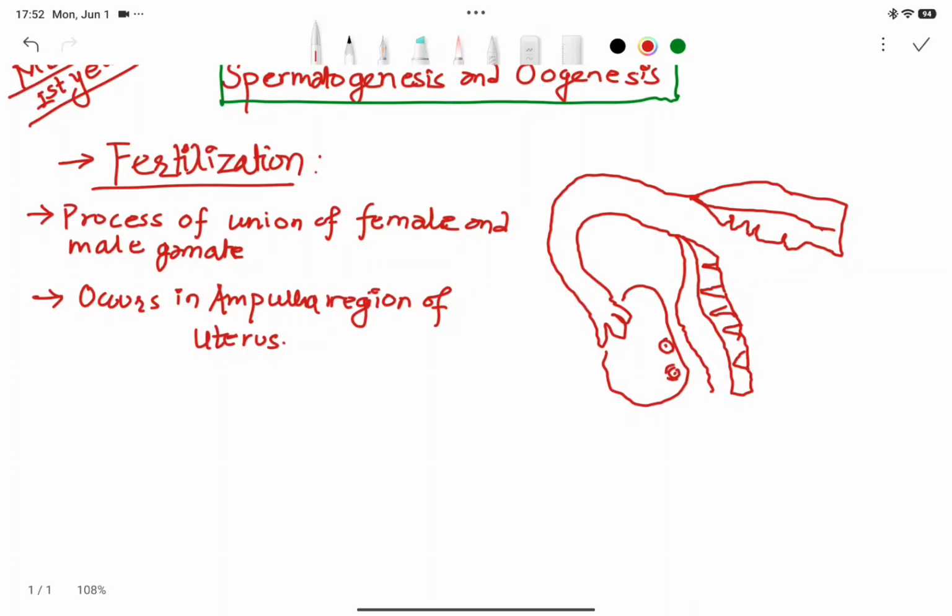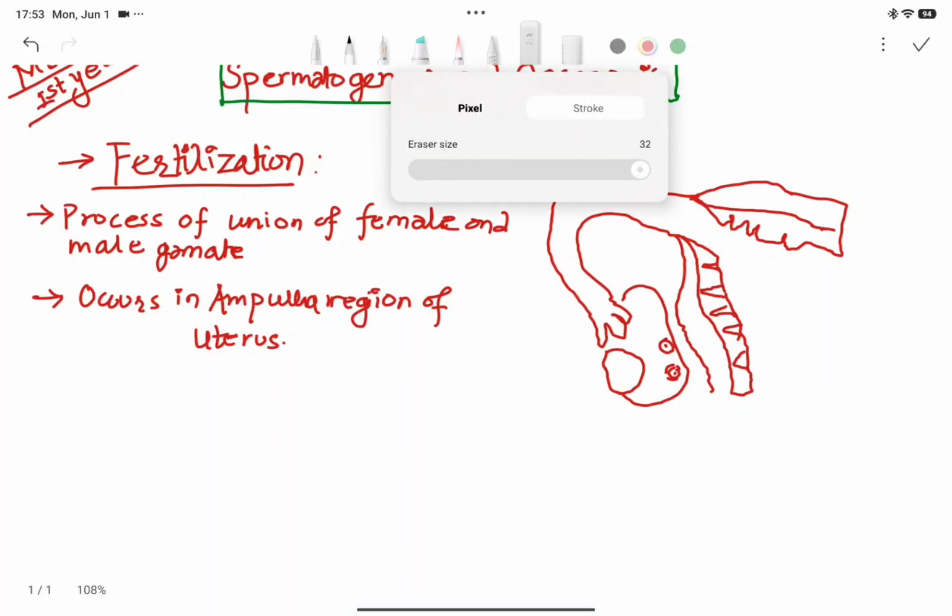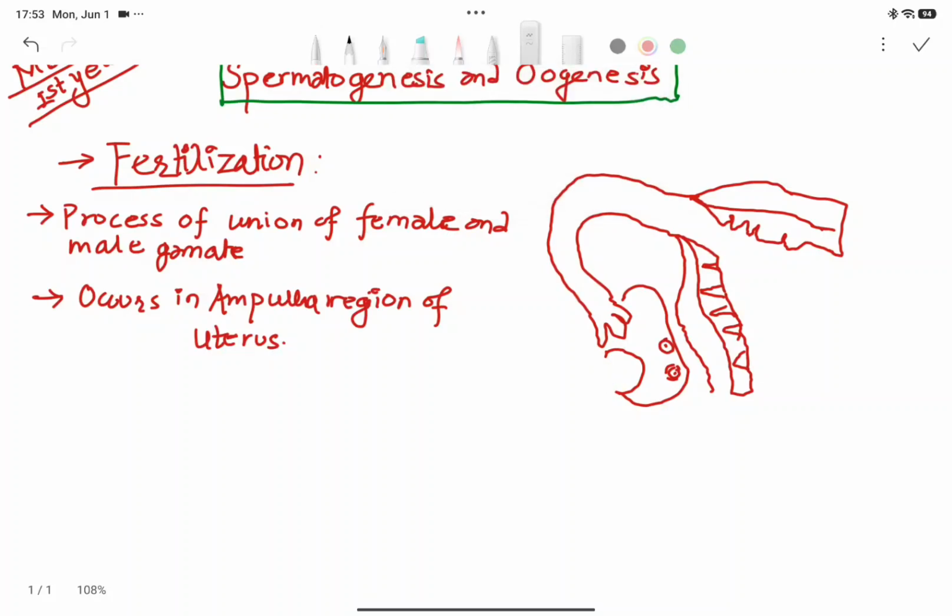These are growing and maturing, which will result in the formation of the mature Graafian follicle. This mature Graafian follicle will release the ova, the egg.